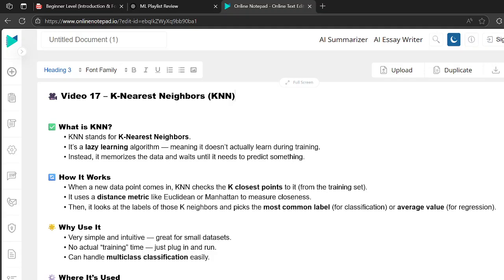So it's basically a lazy learning algorithm, which means it doesn't really learn anything. Instead of learning, it memorizes the data and waits until it needs to predict something, right?